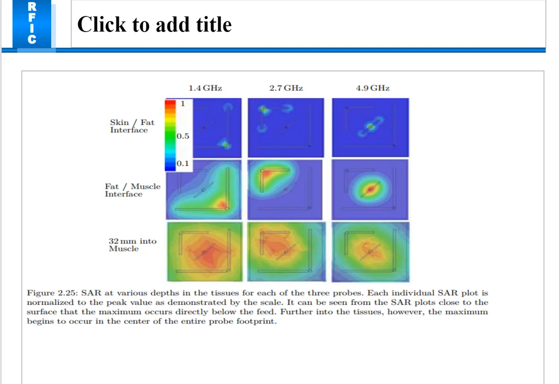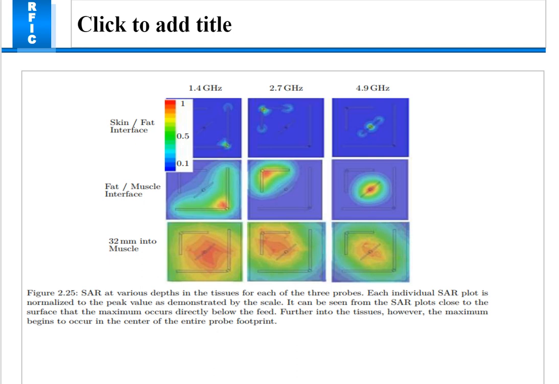And in this figure, SAR at various depths in the tissue for each of the three probes, like what was used in the 1.4 gigahertz system, the 2.7 gigahertz, and the 4.9 gigahertz. Each individual SAR plot is normalized to a peak value, as demonstrated by a scale.